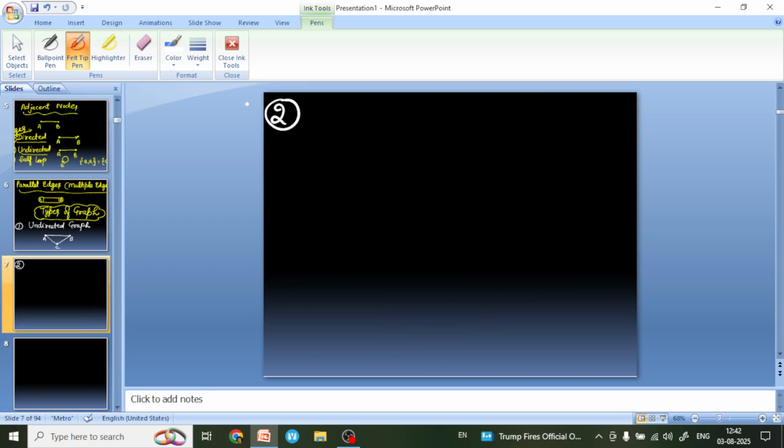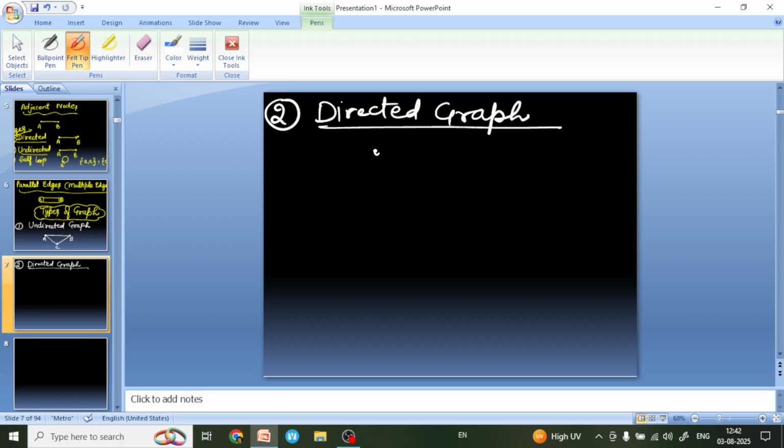Second type is directed graph. Example A, B, C. When we draw edges like this, A to B, B to C, A to C, I have given arrows from this point to this point, and this is given as a direction.